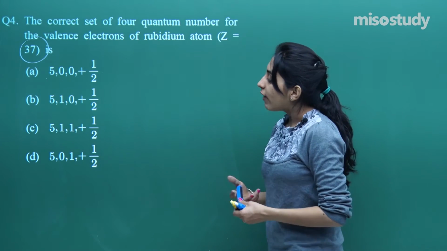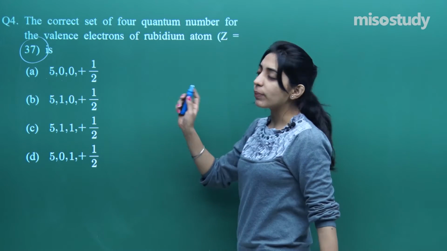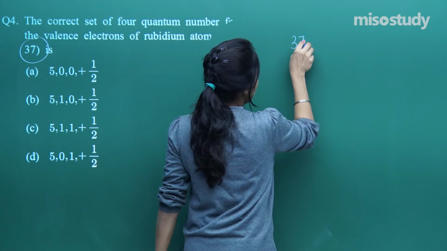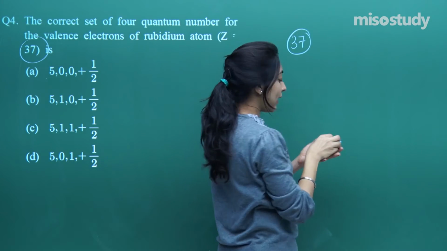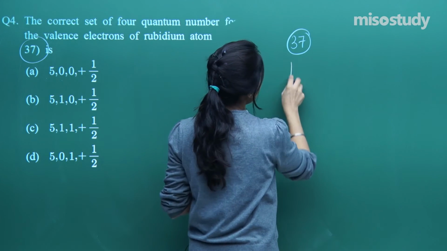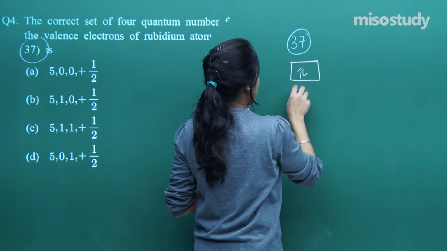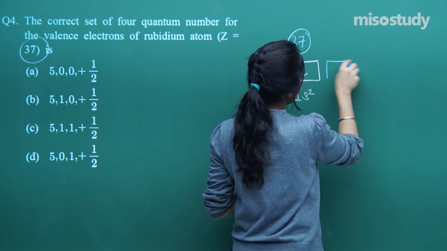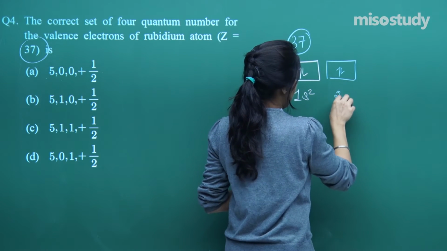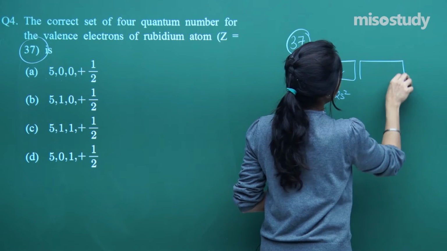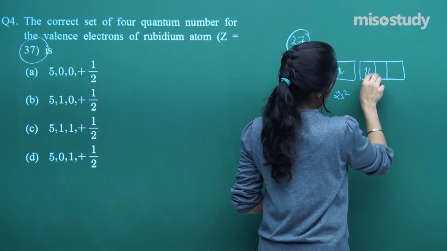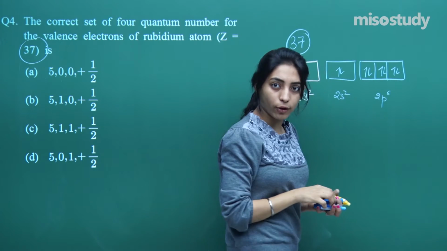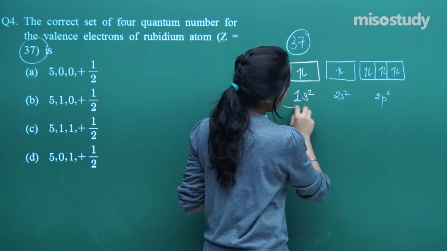Now see, when I am saying the atomic number is 37, let me start writing down the electronic configuration. It will be 1s2, after 1s2 it will be 2s2, 2p6. How many have been done?